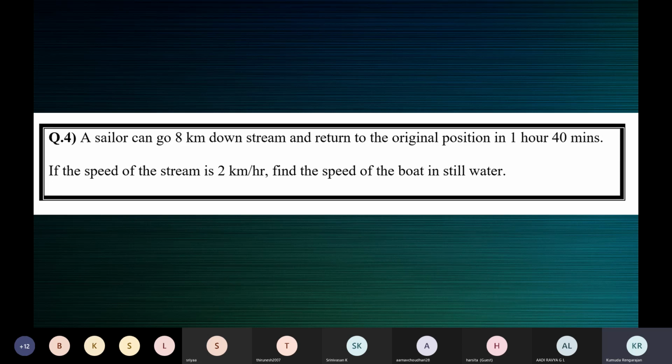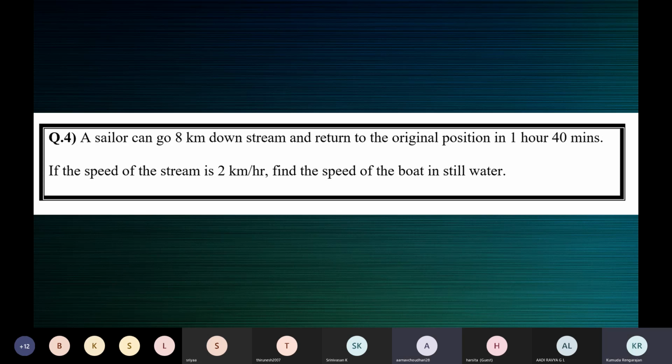Let it be x kilometers per hour. Now somebody tell me the speed downstream. What will be the speed downstream? Ma'am, x plus 2 kilometers per hour. And upstream is rowing the boat in the direction opposite to that of the flowing water.